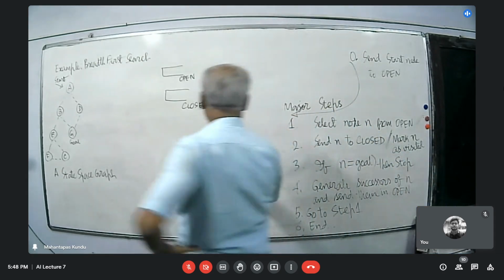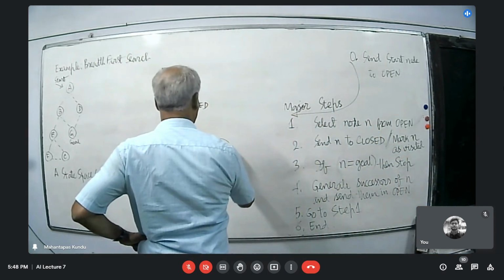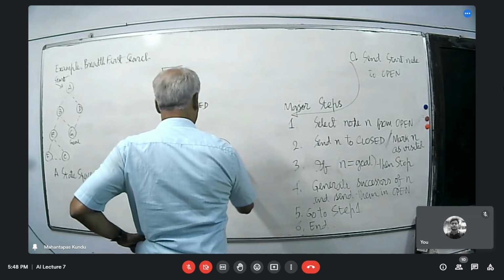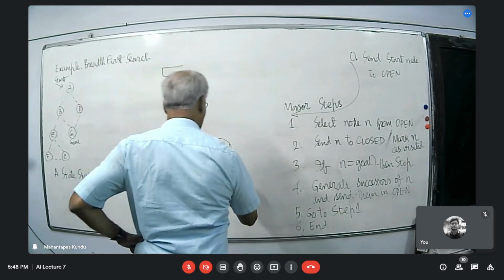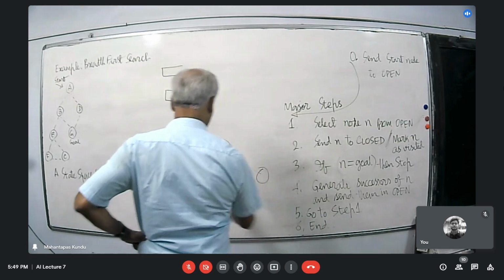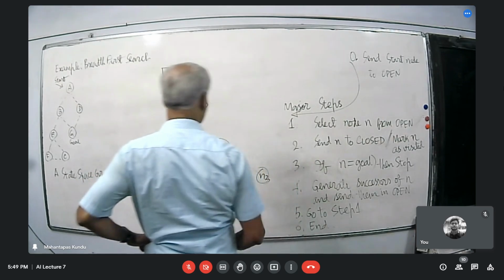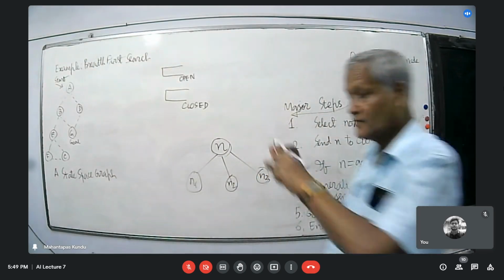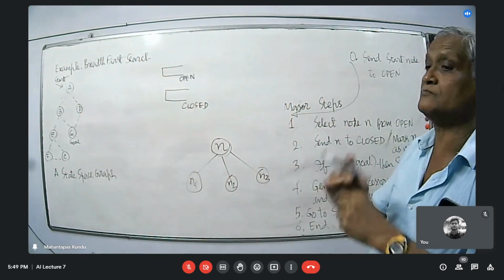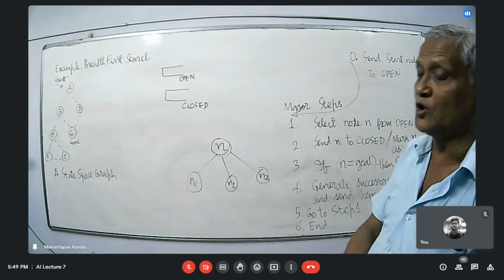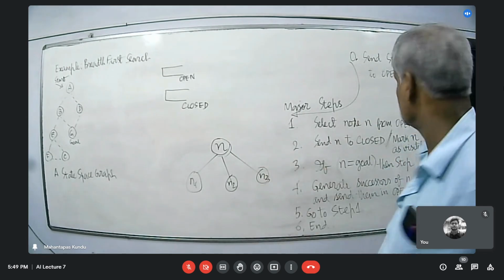Otherwise, if this be the node N, we will generate all its successors N1, N2 and N3 to explore the further portion of the state space.